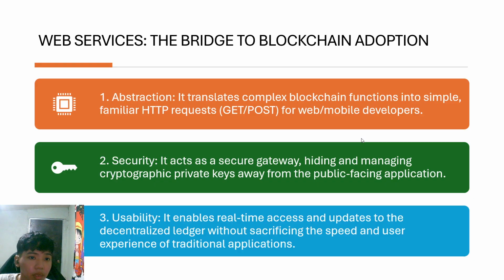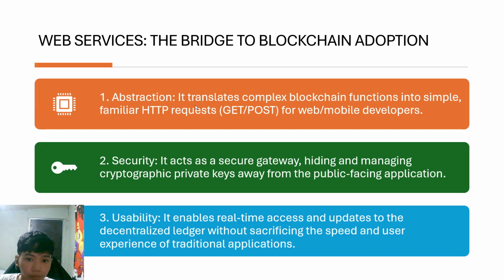To summarize what we've covered for today, web services are essential for integrating blockchain into real world applications because they handle security. It acts as a secure gateway, hiding and managing cryptographic private keys away from the public facing application.